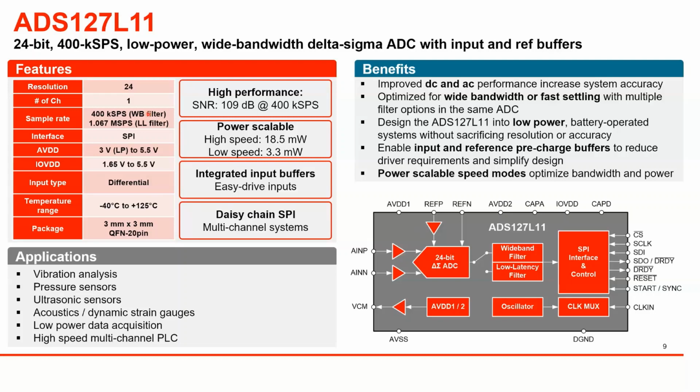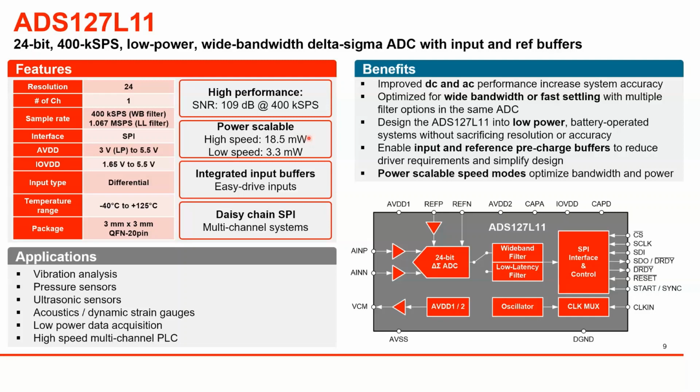This device uses an SPI interface and supports a temperature range of -40 to 125 C. Additionally, it's available in a small package size of 3 mm by 3 mm QFN package. The device supports power scalable modes, such as a high-speed mode offering a typical power dissipation of 18.5 milliwatts, and in the low-speed mode offering a typical power dissipation of 3.3 milliwatts.